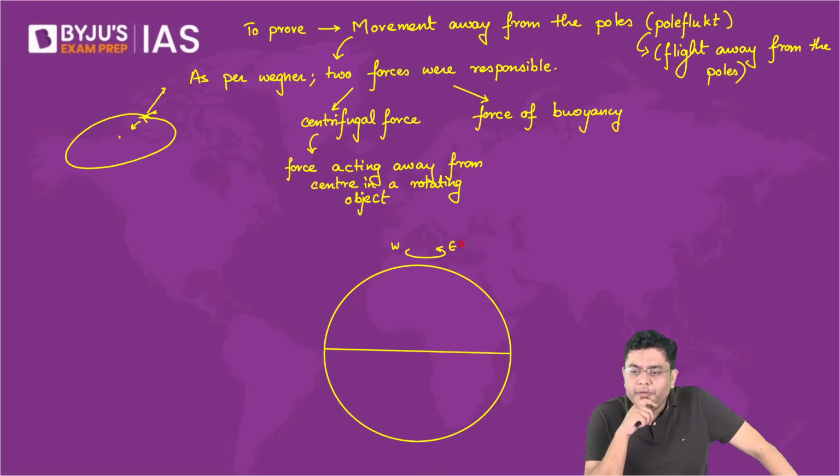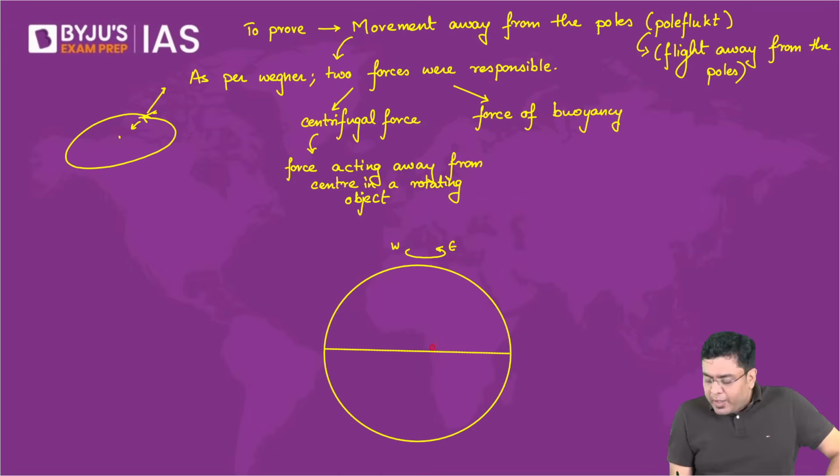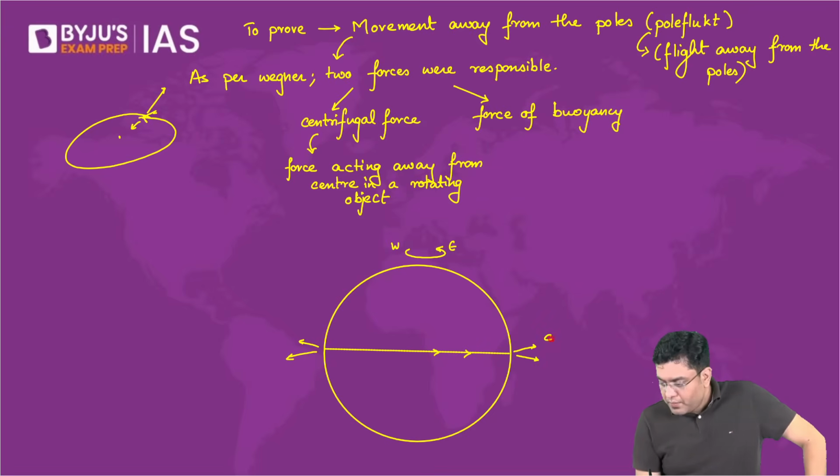Around the region of the equator. As it is rotating, this portion is also rotating, so the centrifugal force would act outwards here.